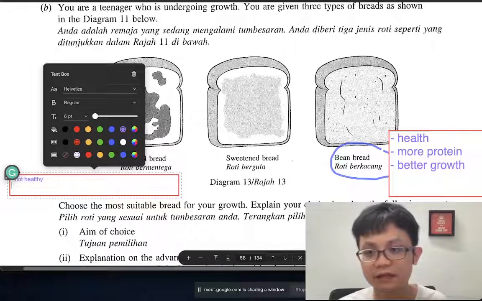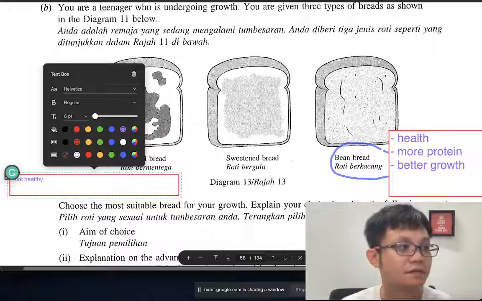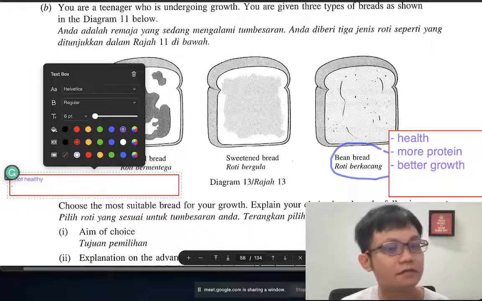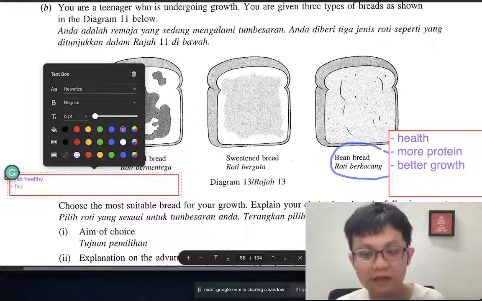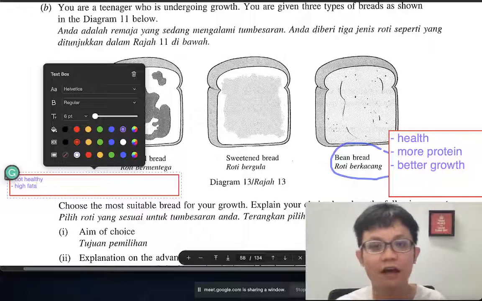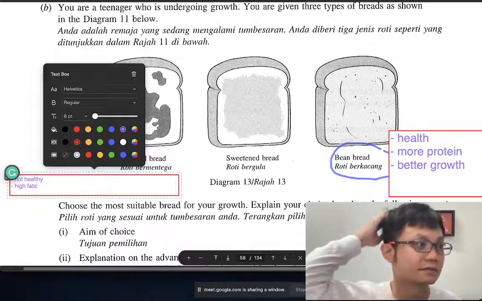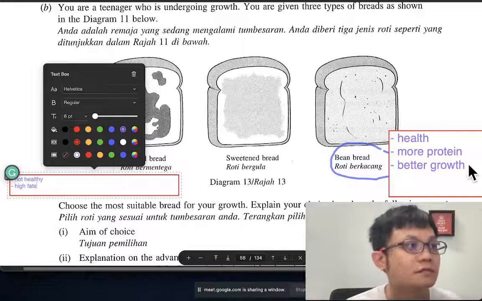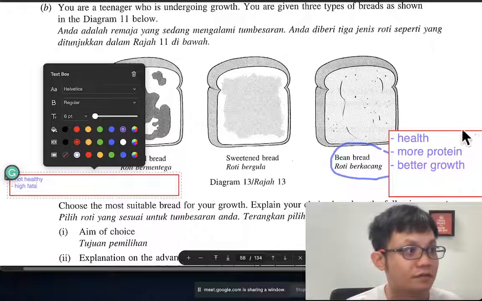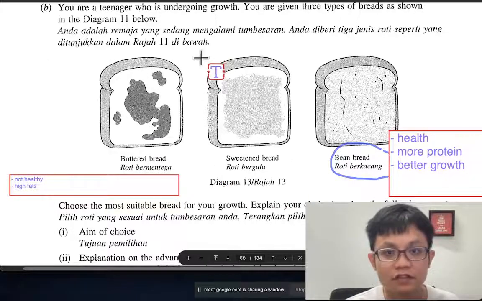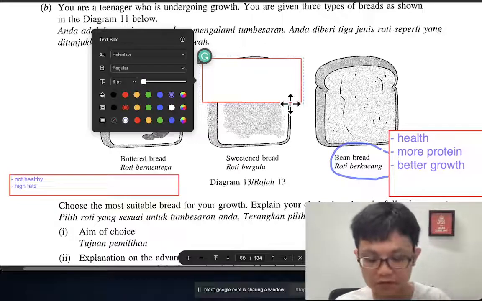Why? Can you explain? It contains high fat content. High fats. How about sweetened bread? High level of sugar. So I just put here high level of sugar.